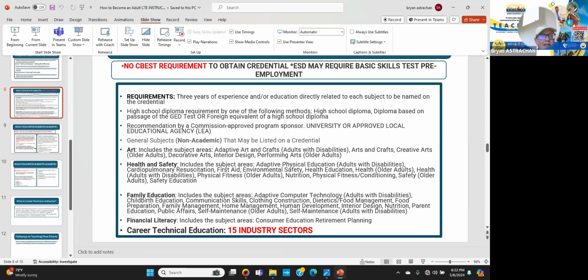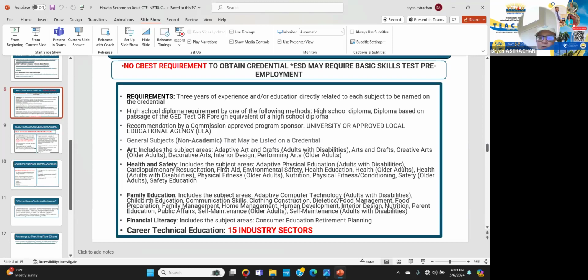But you would need the CBEST and a bachelor's degree for the academic area. And then for the non-academic area, you would again have to show the qualifications. But I have seen individuals that didn't have experience in another area, but had a combination of the units, as we mentioned, either 20 lower or total or 10 upper units in a particular area.